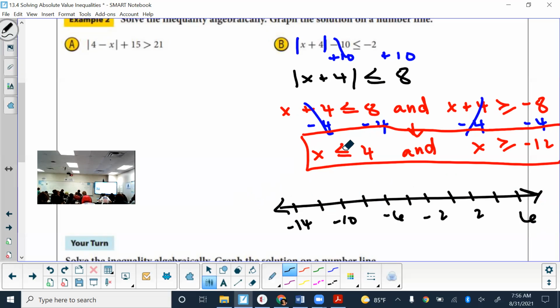Now, am I going to have an open or closed circle on the 4? Closed. So 4 would be over here, should be closed because of that equal to part. And then am I going to have an open or closed circle on the -12? Closed again, which would be over here. Now, since it's an and statement, where should the arrows go?